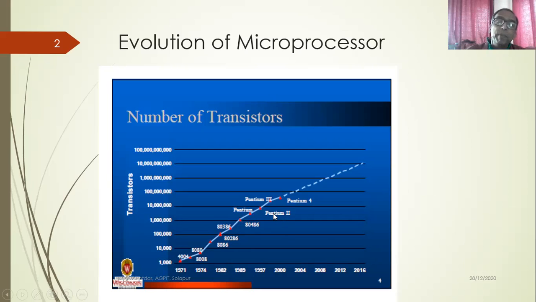And then we had Pentium 2, Pentium 3, Pentium 4, and right now Pentium 5 with multi-core technology. So they're using millions and millions of transistors. This development is going on continuously. This is how microprocessors evolved over a period of time.